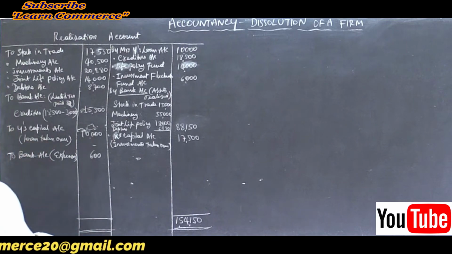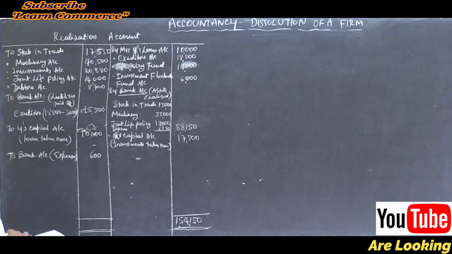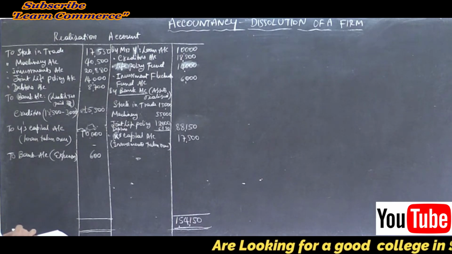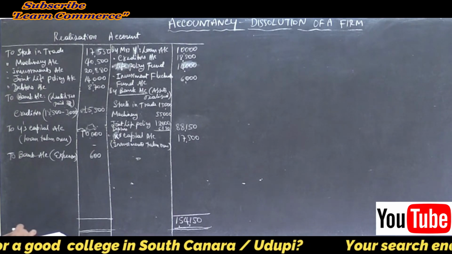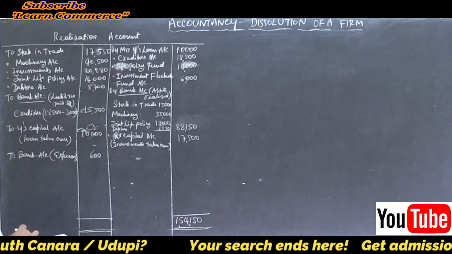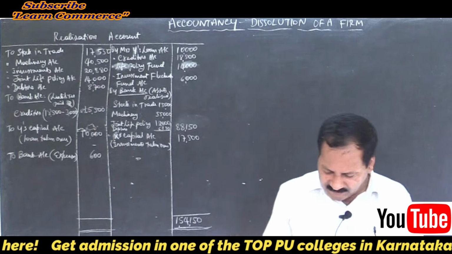Let us see what is the total of debit side. 58,050, 20,880. Add it together. 14,000. 8,700. Then 15,500. 10,000. Then 600. So that is the total 127,730, right?